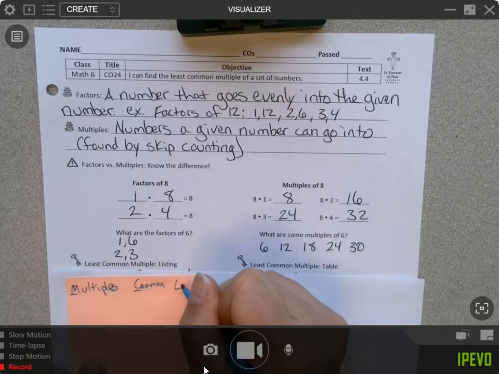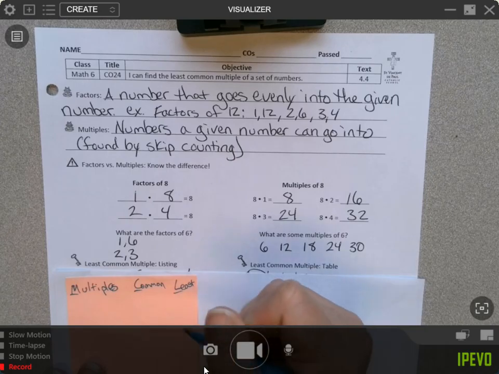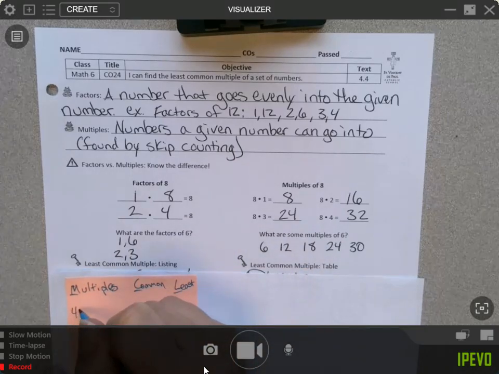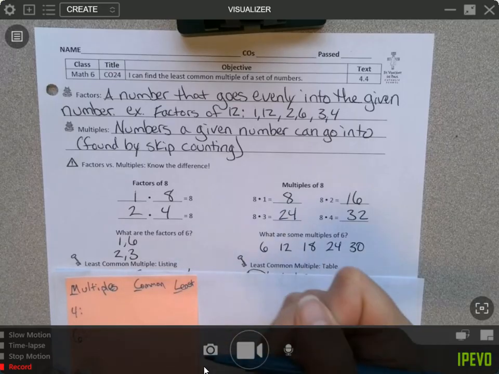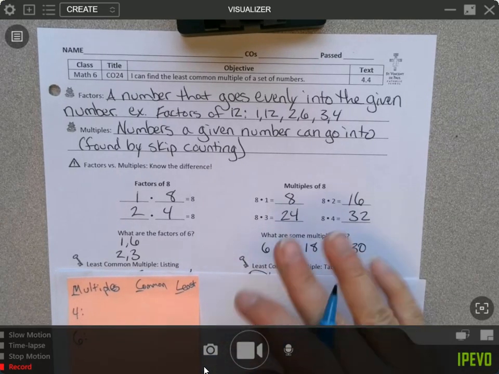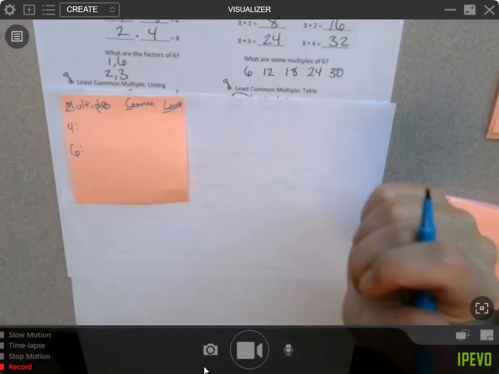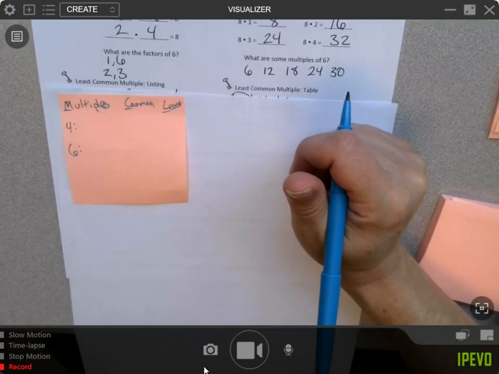And then we're going to find the least, the smallest one. So let's do 4 and 6. We want to find the least common multiple of 4 and 6. So what's our first step?